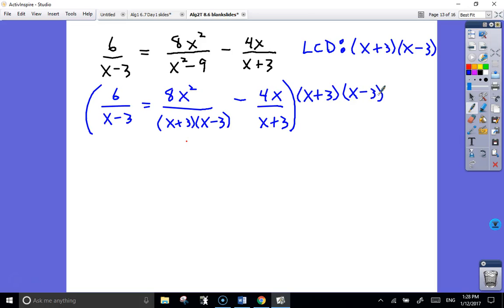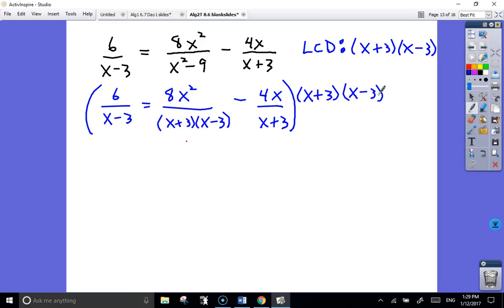Just like we were doing in the homework last night with the complex fractions, when you multiply that times this one, the x minus 3 cancels, and you'll still have 6 times x plus 3. When you multiply this term by that, both of those will cancel, and you just have 8x squared.